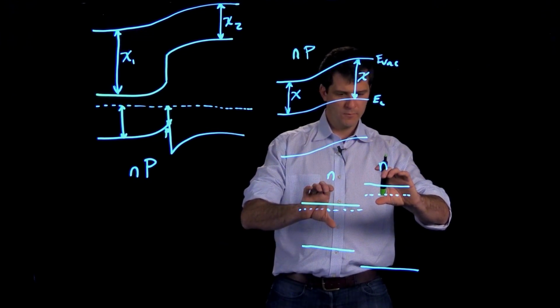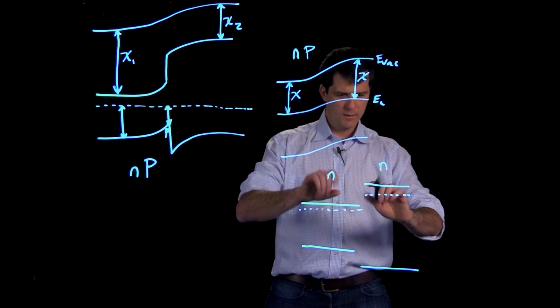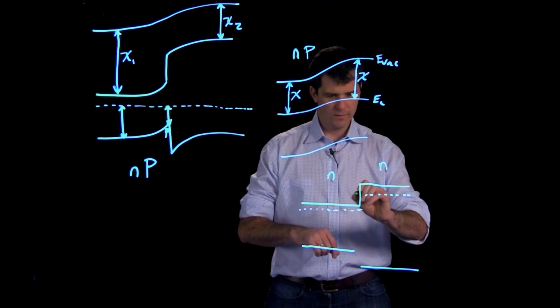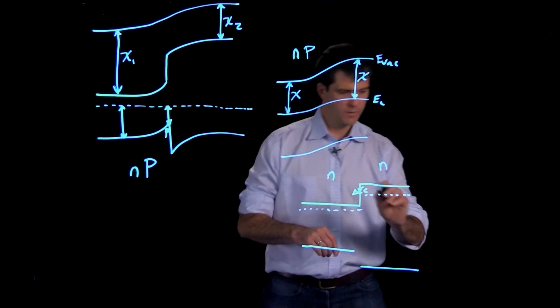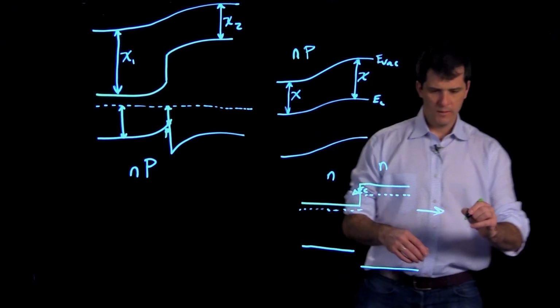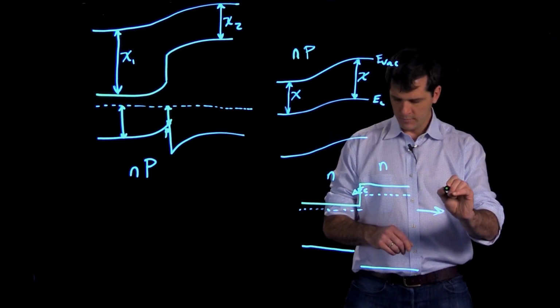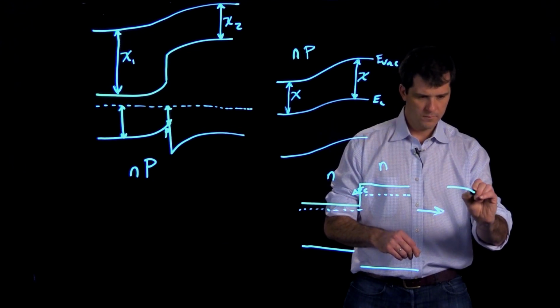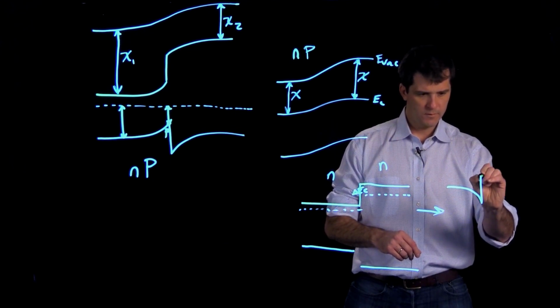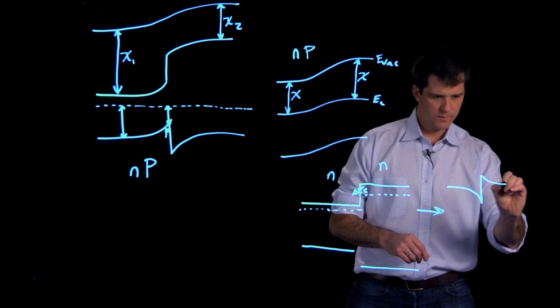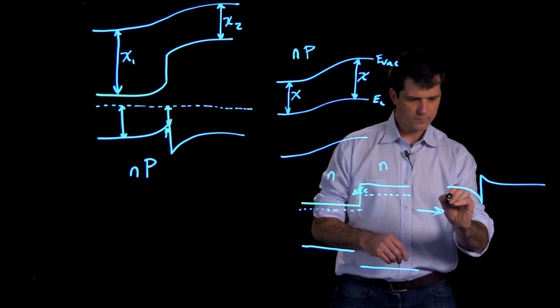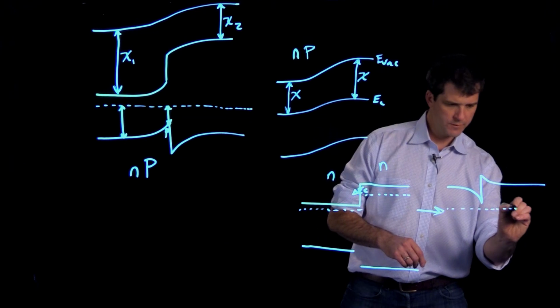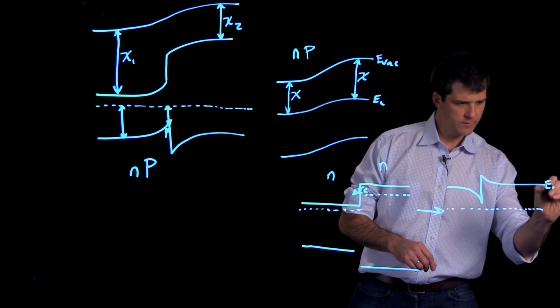But then we have to align the Fermi level still, but maintain this band offset, delta EC. So upon joining them, this diagram is going to look something like this, actually. And I'm just drawing the conduction band edge.